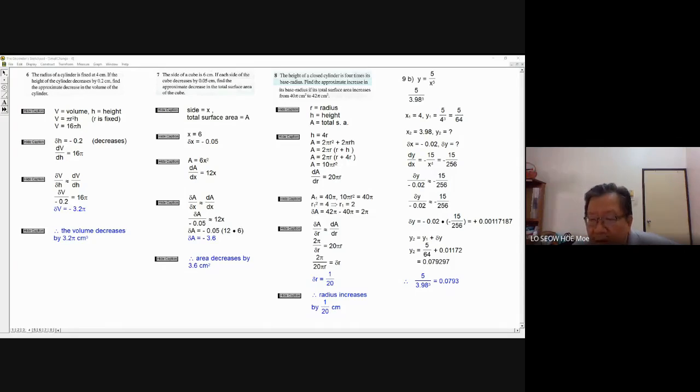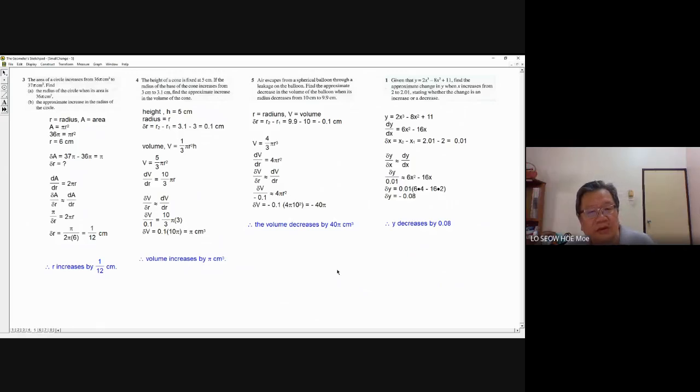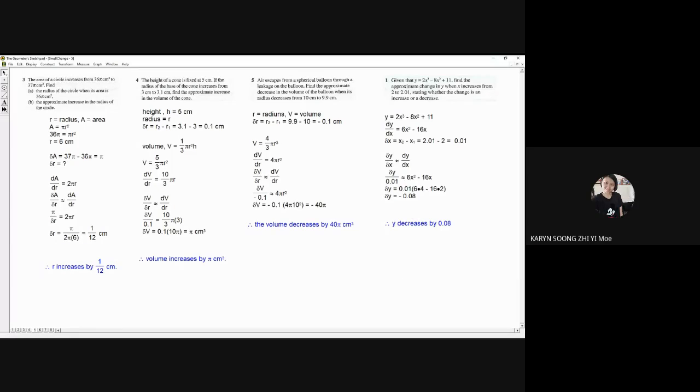R1 is 2, correct? Any more question after going through the whole question with you? No? If I see another no, then I move on. I've shown you all the questions except this one. So I stop here a short while so that you can capture the answers here.